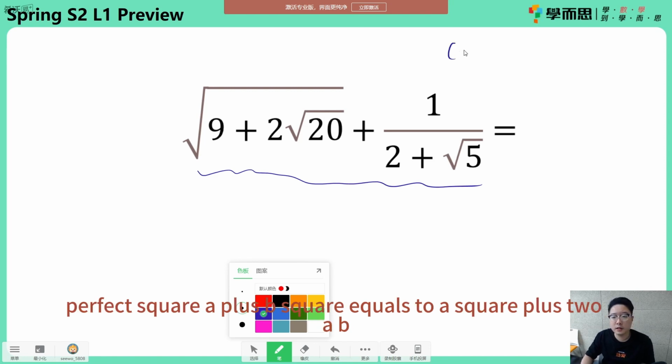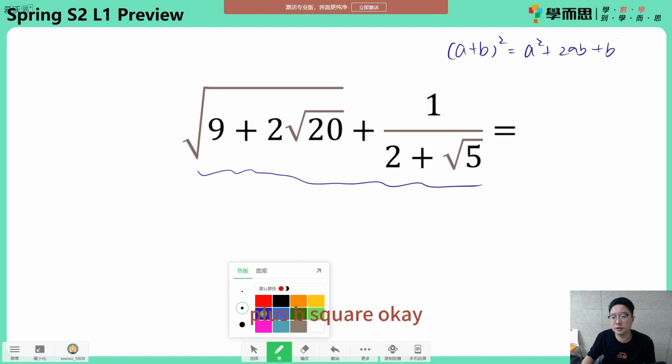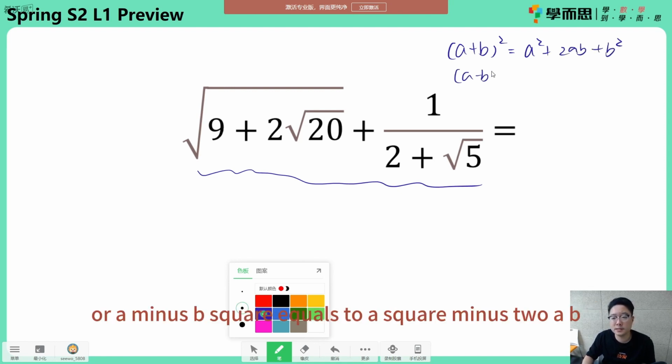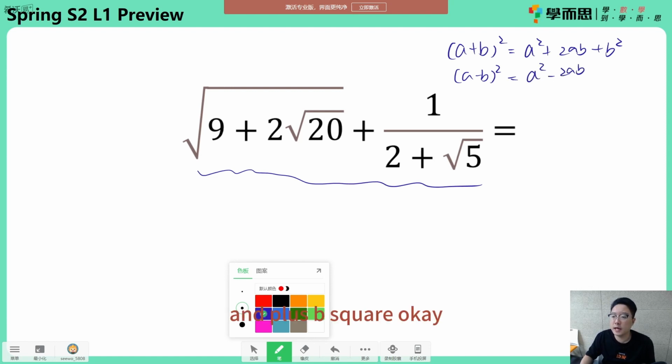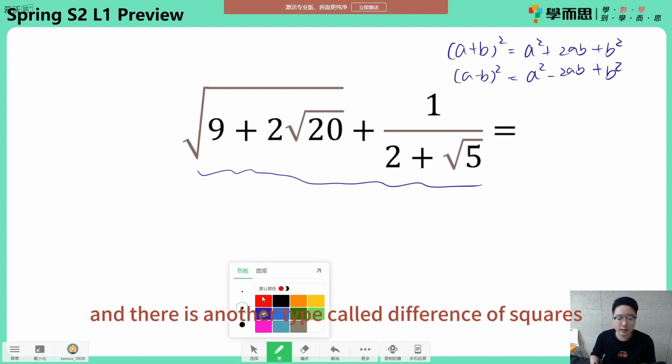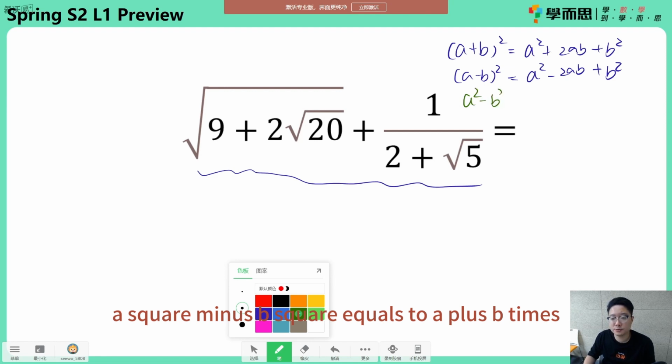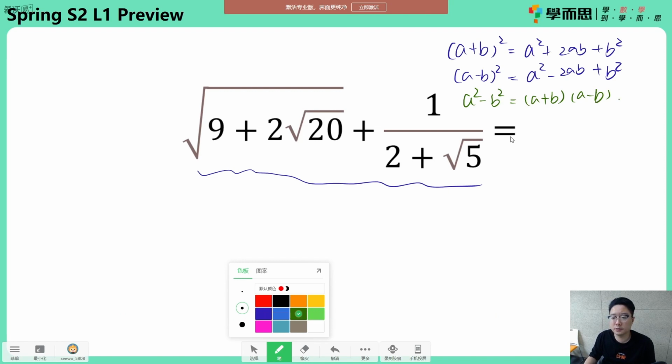Perfect square: a plus b squared equals a squared plus 2ab plus b squared, okay? Or a minus b squared equals a squared minus 2ab plus b squared, okay? And there is another type called difference of squares. a squared minus b squared equals a plus b times a minus b, all right?